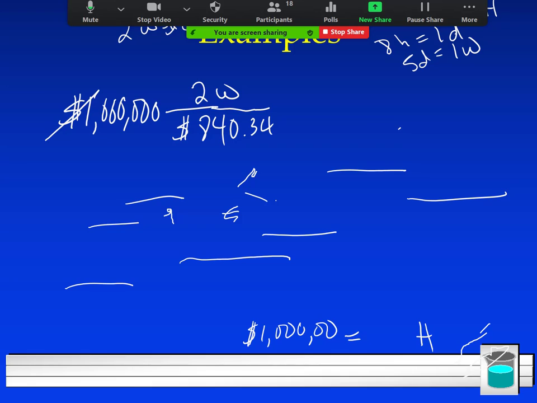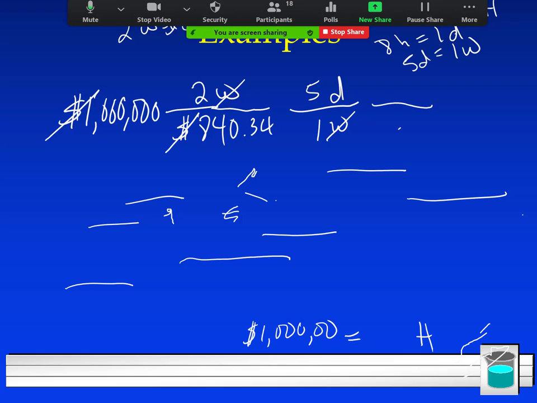And my dollars have canceled out. Now I want to get rid of weeks. So weeks has to go on the bottom. What can I turn weeks into? Weeks I can turn into days. 5 days, 1 week. And my weeks are gone.